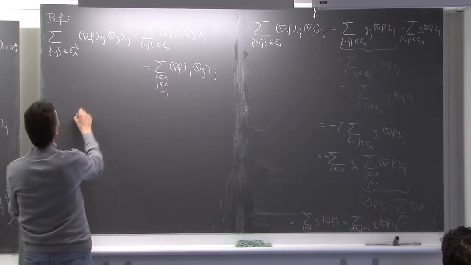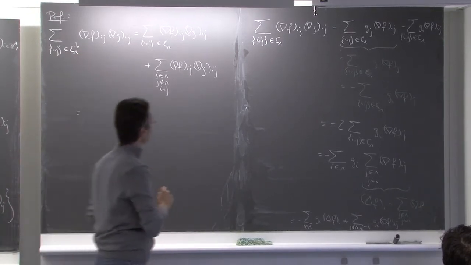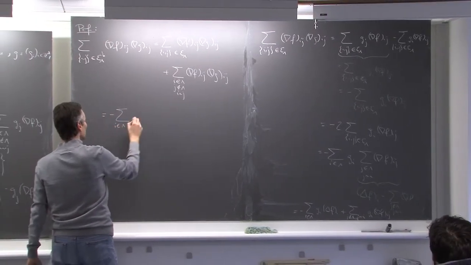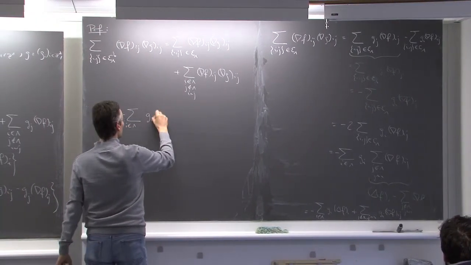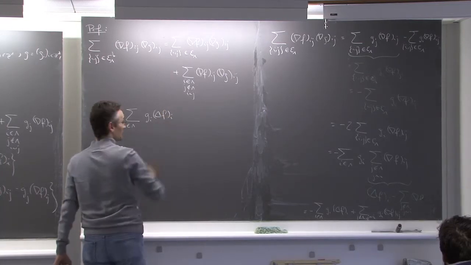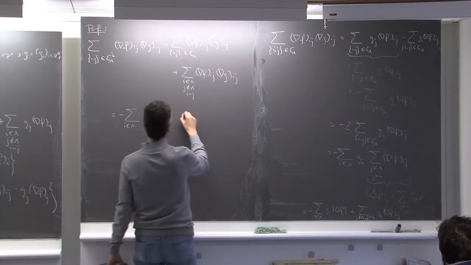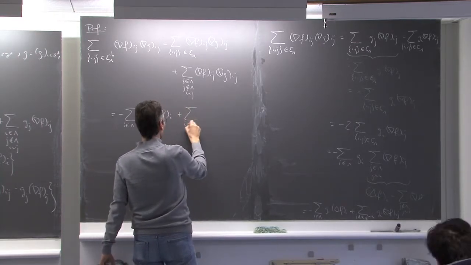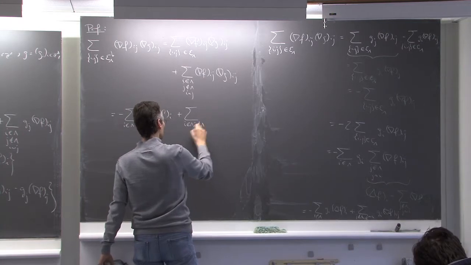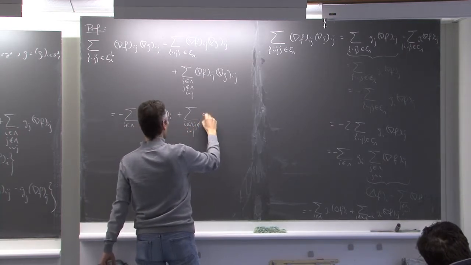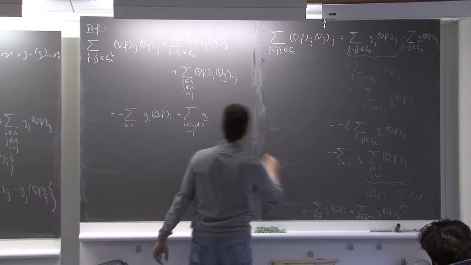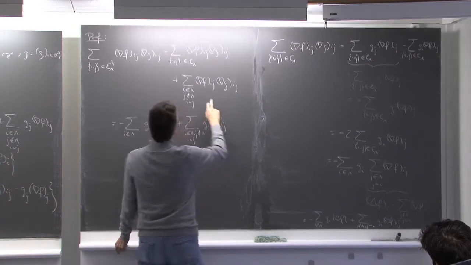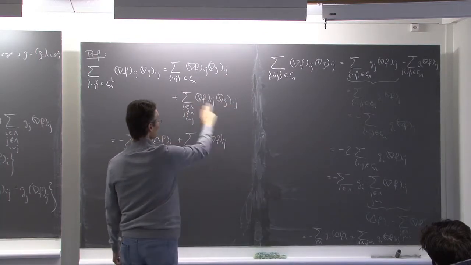For this expression I get minus the sum over i in lambda of gi Laplacian f at i. Then I get this term, which is plus the sum over all i in lambda, j not in lambda, i neighbor of j, of gi gradient f ij, and then I also have this term here.